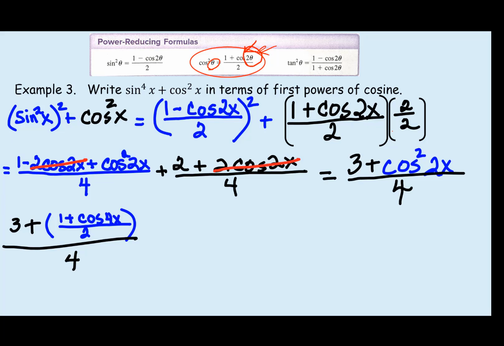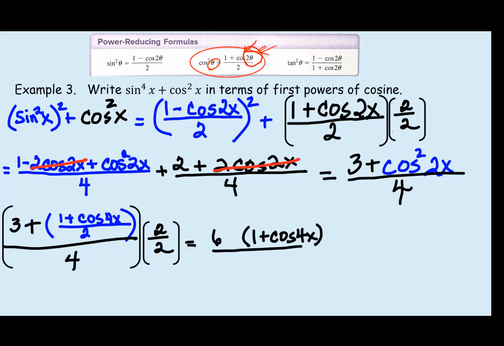And then we're going to need to reduce this complex fraction because we have a fraction in our fraction. So the way I do that is I just multiply the whole big fraction by 2 over 2. I'm going to distribute that 2 through the numerator, so I'll have 6 plus, the 2's will cancel in the second term, and I'll have 1 plus cosine 4x all over 8.